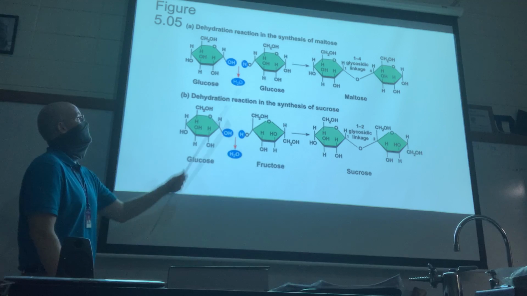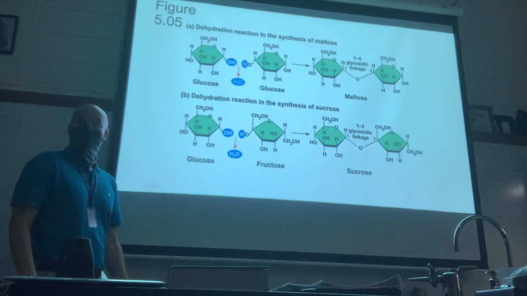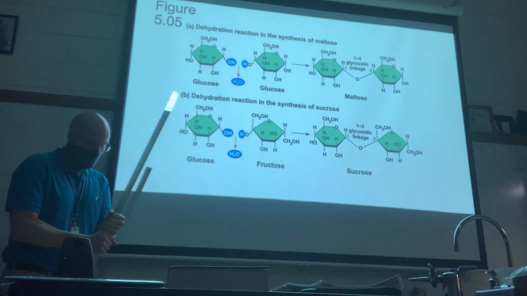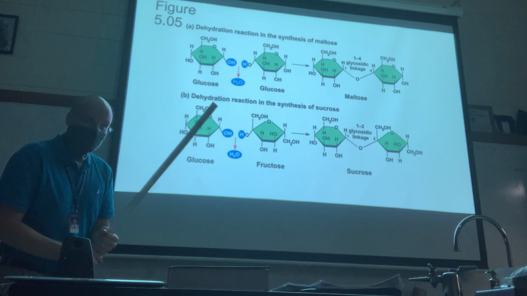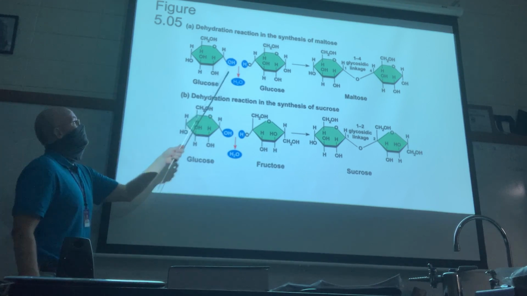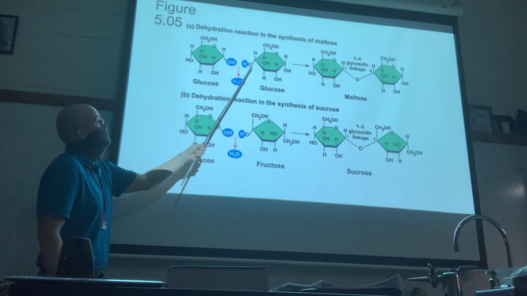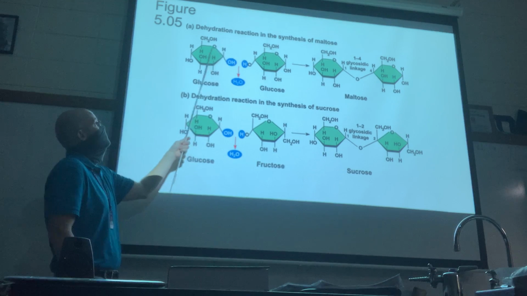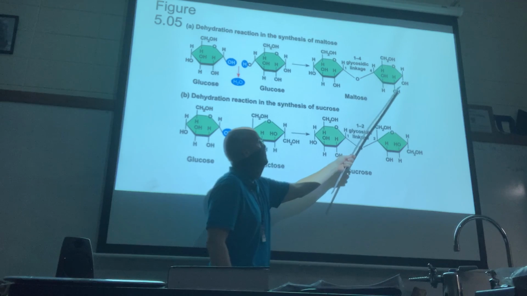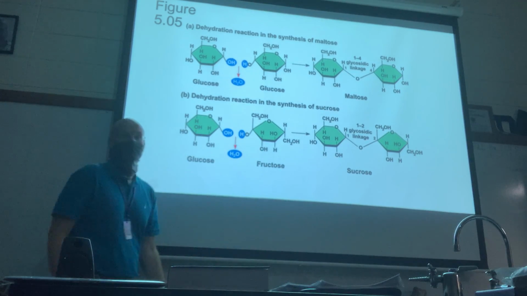And what's happening, say, in the reactant to product side? It's a dehydration reaction. We're pulling out water, and that is freeing up bonds for these two individual sugars to bond together to make a more complex sugar.